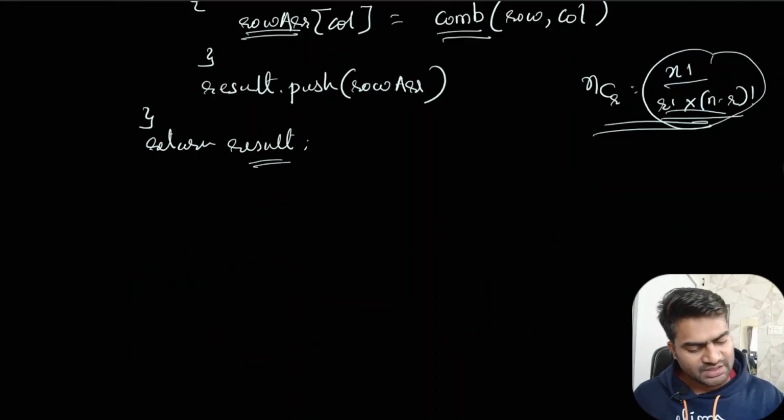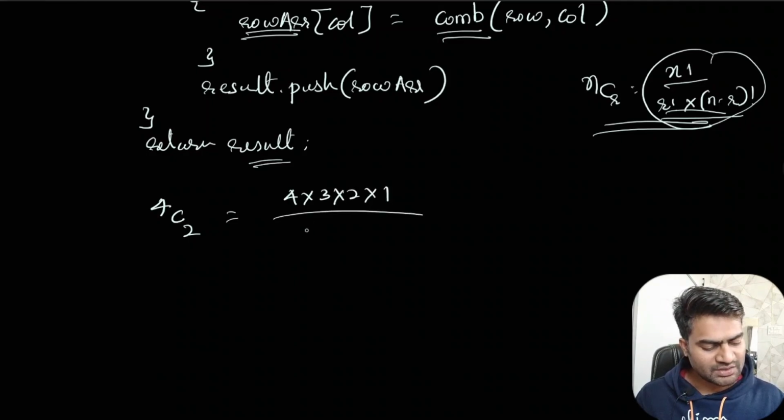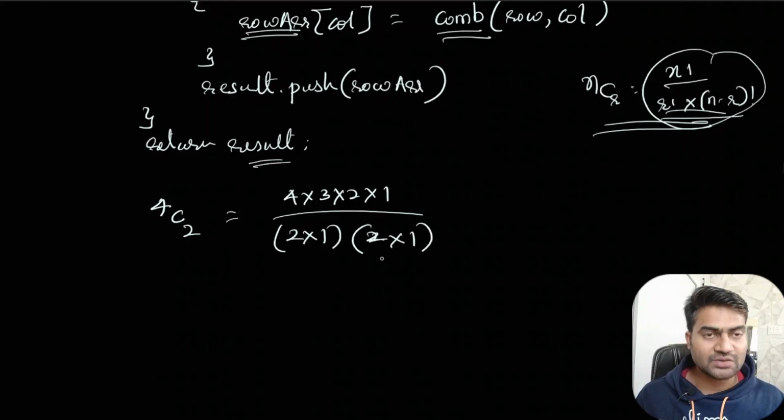So assume we have 4C2, then how can we compute it? One way would be the standard 4 into 3 into 2 into 1 divided by 2 factorial, which is 2 into 1, then 4 minus 2 factorial is 2 factorial, again 2 into 1. This is one way.